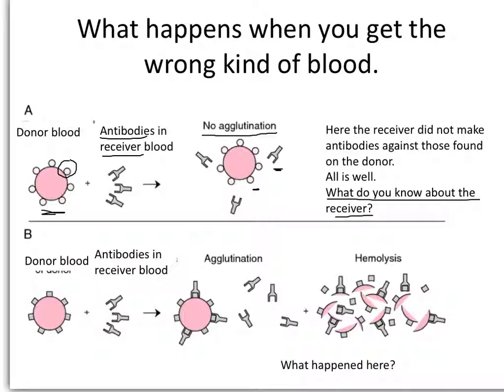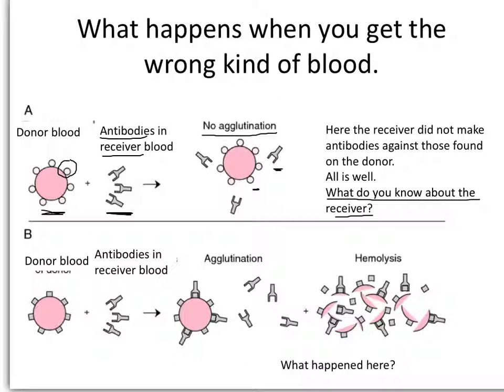It tells us that there was a really good genetic match between the receiver and the donor, because we don't typically make antibodies that will bind with our own antigens. So the antibodies in the receiver's blood are not recognizing the antigens in the donor blood. That means that probably those antigens are very similar or identical to what the receiver has on their own normal red blood cells.